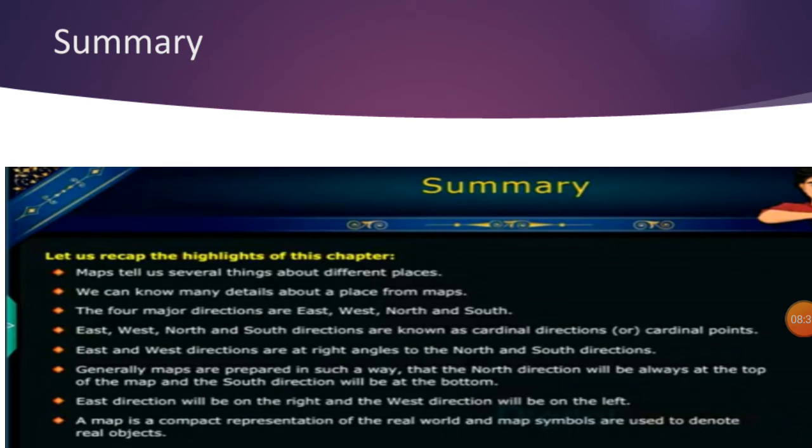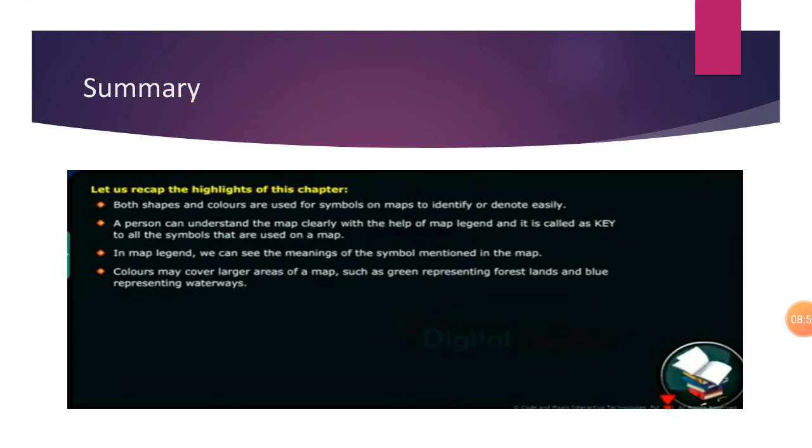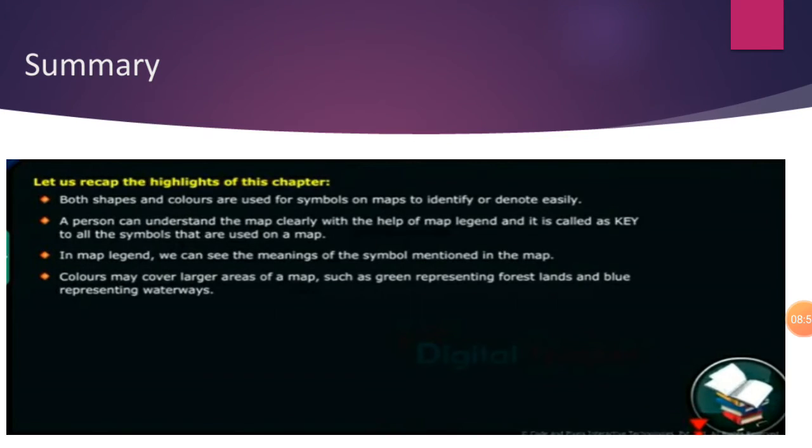A map is a compact representation of the real world, and map symbols are used to denote real objects. Both shapes and colors are used for symbols on maps to identify or denote easily.